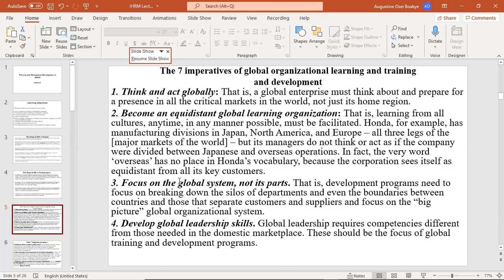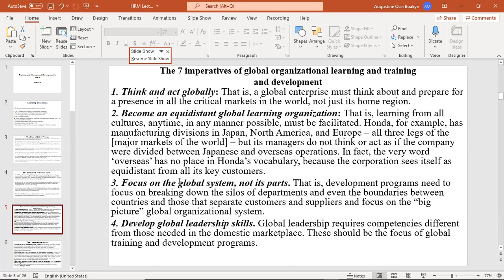The same way, in terms of the formulation of policies and programs for the sustenance of the multinational enterprise, they must be thinking about how such policies or programs can help each subsidiary together with the headquarters to function in order to gain competitive advantage. So that is what we mean by focusing on the global system and not state parts.